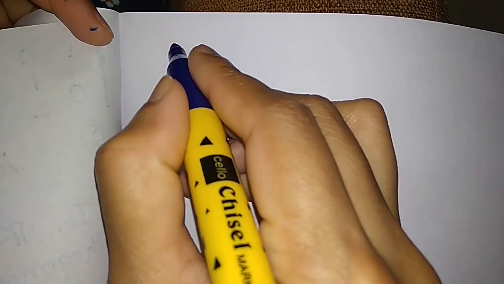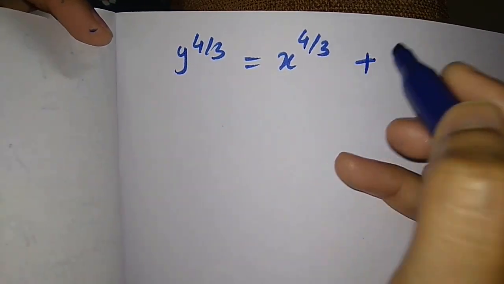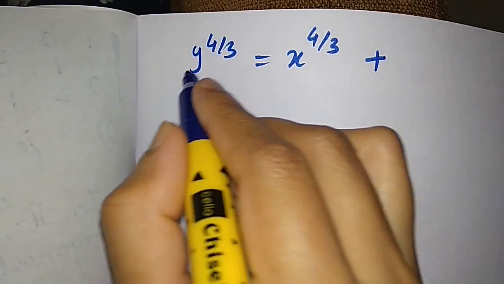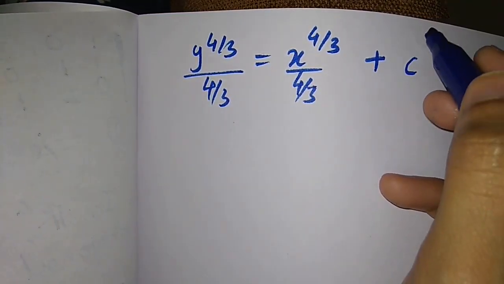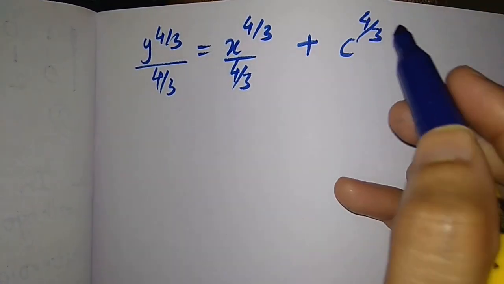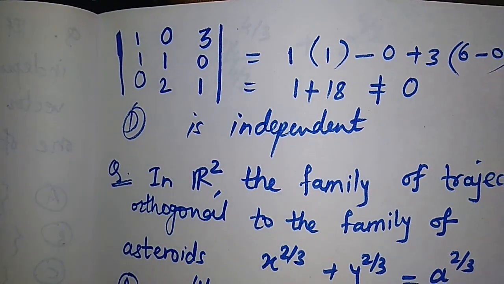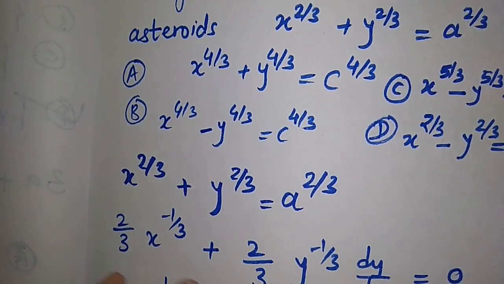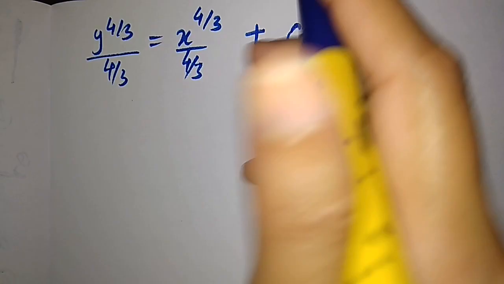We will get y raised to 4/3 is equal to x raised to 4/3 plus, we multiply throughout by 4/3, say c1 raised to 4/3. I have taken this constant of integration just because the options contain it like this, so I am taking this as c raised to 4/3, or you just call this c1 so that the coefficients will be adjusted.